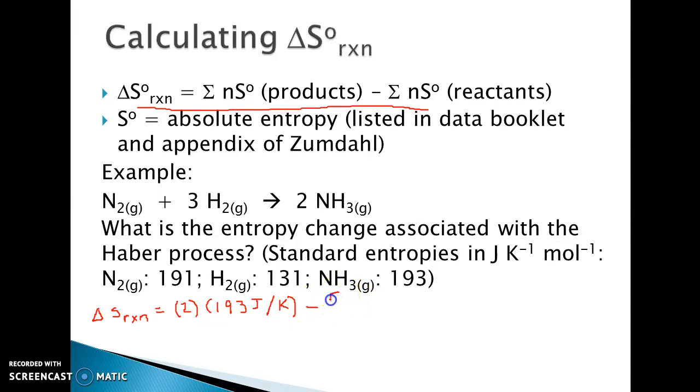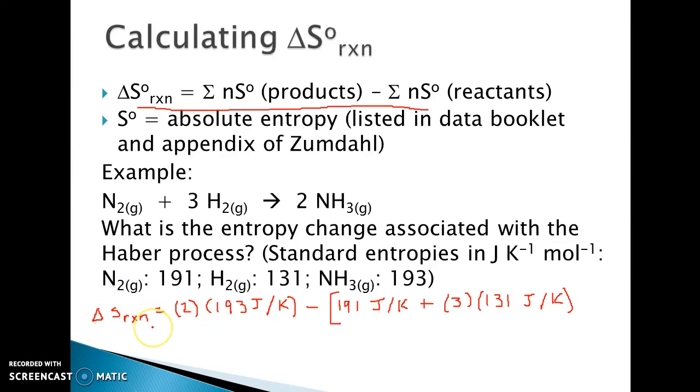Now I need to subtract my reactants. So I have 1 mole of nitrogen, and it has an entropy of 191 joules per Kelvin. And my other reactant is 3 moles of hydrogen, which has an entropy of 131 joules per Kelvin.